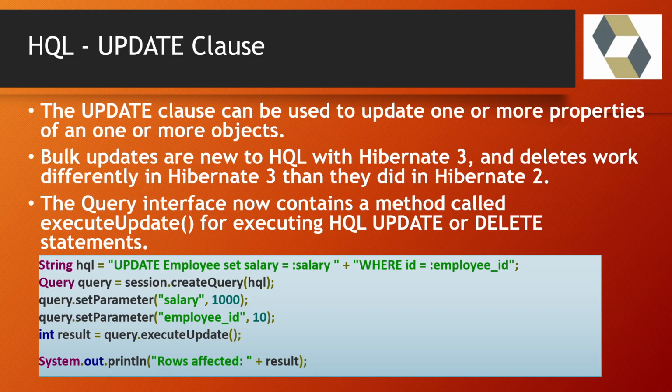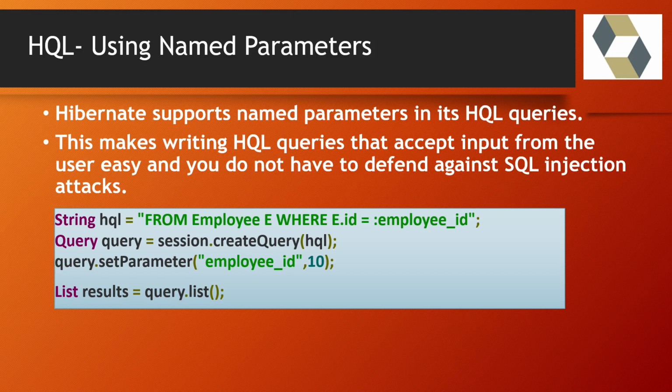Now this is an example of the update. You can just look at it, but instead of retrieving to the list, it is query dot execute update. In the previous case, just look here: query dot list.